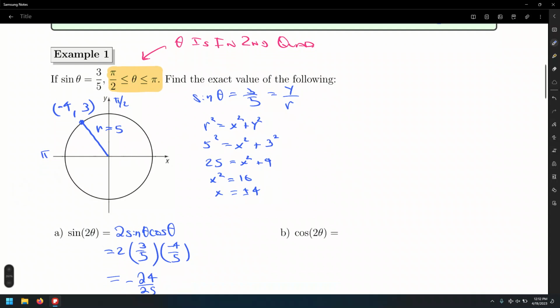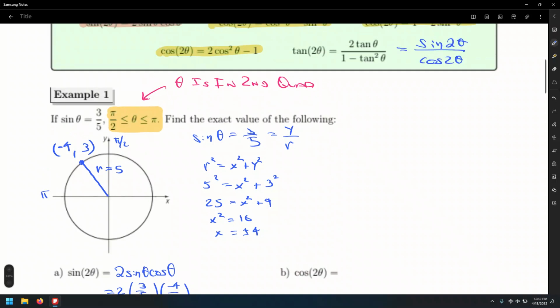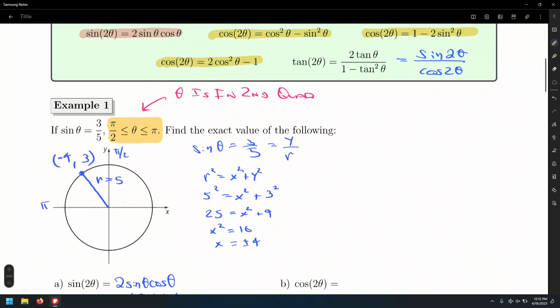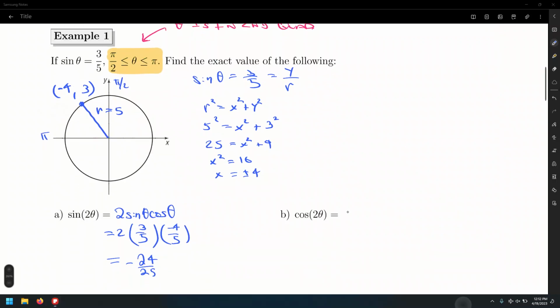What about cosine 2 theta? And again, here we have 3 options to evaluate this one. I'm just going to go with the first one, that is cosine squared minus sine squared. How about that? And we'll use the information about cosine and sine for this particular setting.